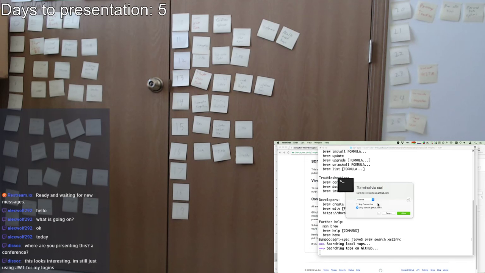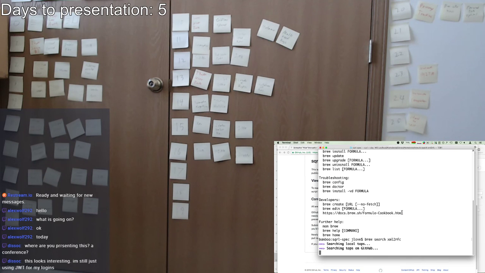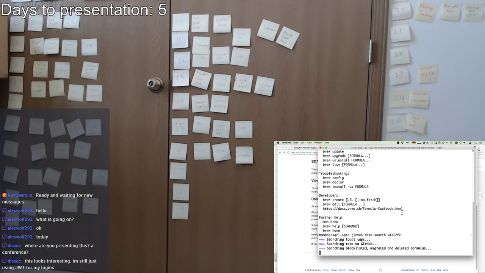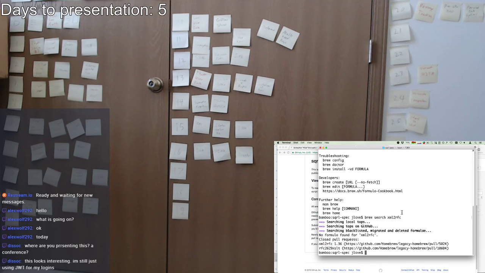Oh, yep. All my stuff got reset on here. Oh, no formula found. Closed pull request. Legacy homebrew.